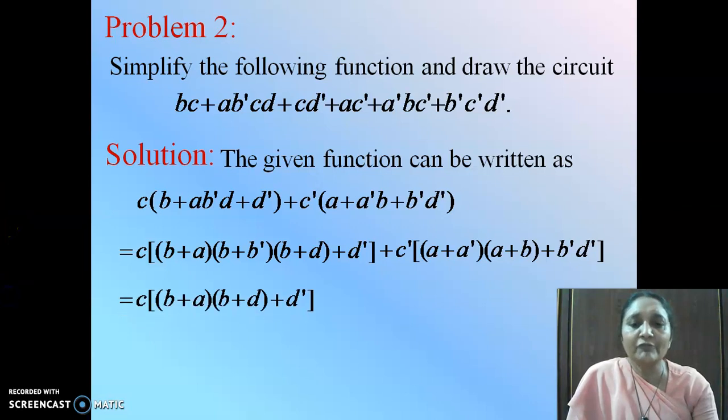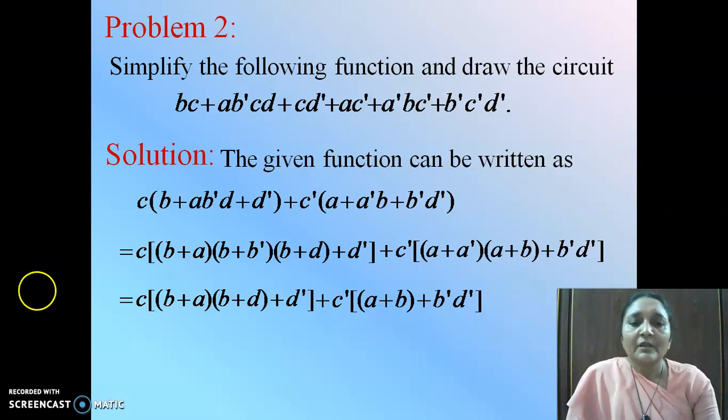So I have the following. Again here you have C dash of (A plus B dash) into D dash. Now again I am going to multiply these two, using the multiplication operation and addition operation.